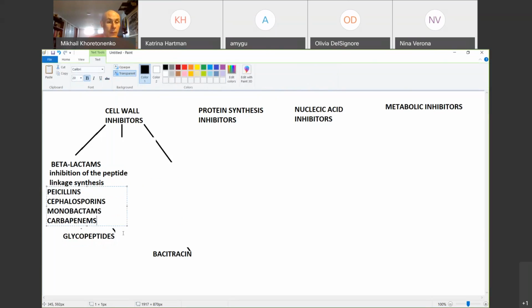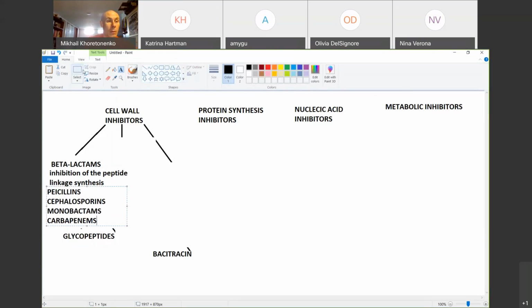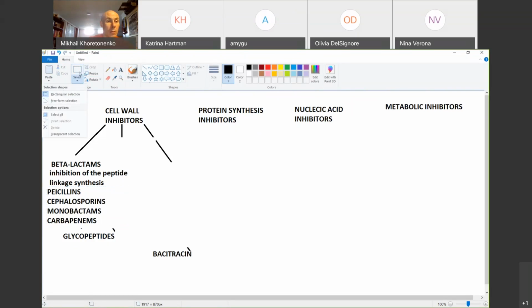Okay. So glycopeptides, bacitracin. Okay, we're good.